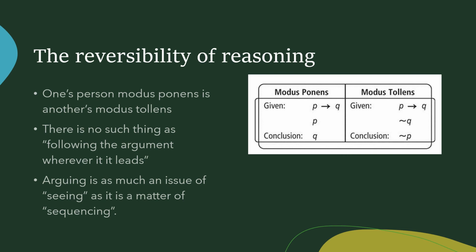Well, the thing is that I can take both, and then we need a comparison between the cogency of the two argument schemas to see which one is more deserving of adherence. So we're back into this comparative scenario where arguing in law is just as much or even more a matter of seeing that this is more solid than that, than it is a matter of sequencing, because the sequence can be reversed.